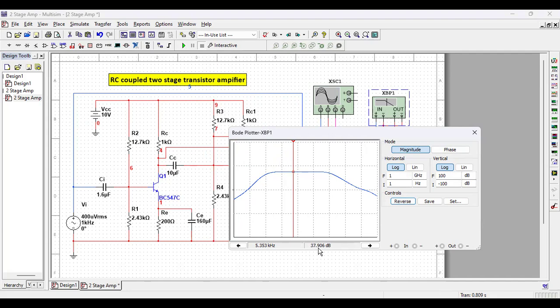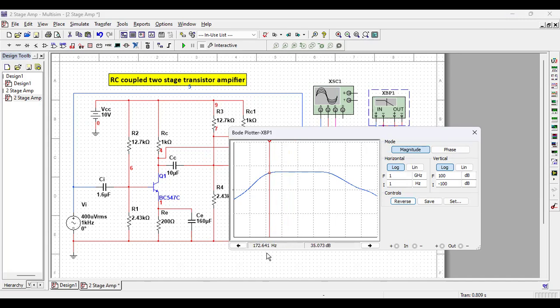Let's say 38 dB. So lower cutoff frequency is 3 dB less, that is 38 minus 3, about 35. So let's try to take this cursor to something like 35, 35.073 dB.